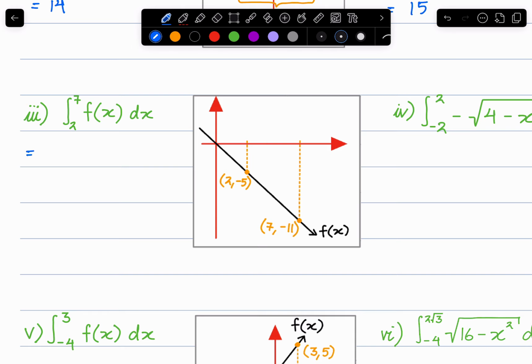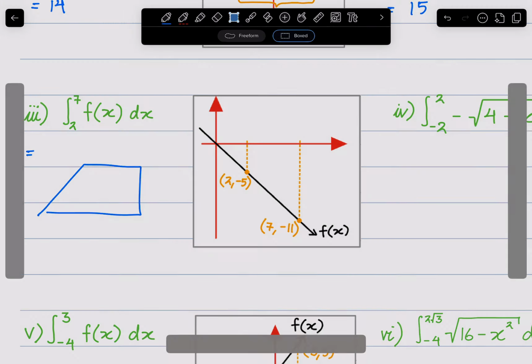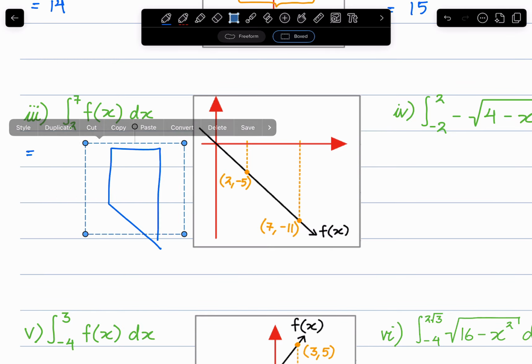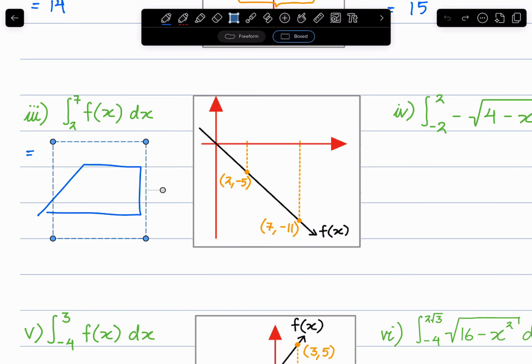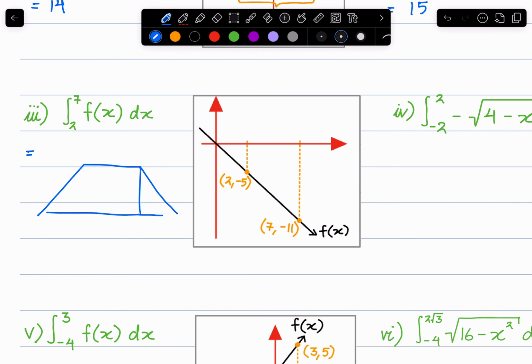This is a trapezium where the height, I'll draw it out like this. I hope you can see that is the trapezium we're looking for, where normally we would draw a trapezium like this, where we have the height, and that's A and B.